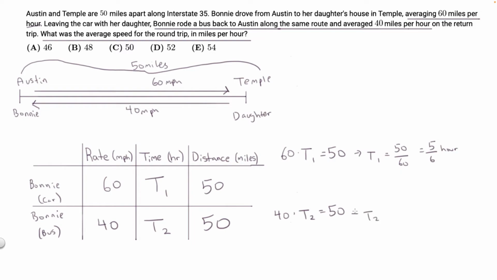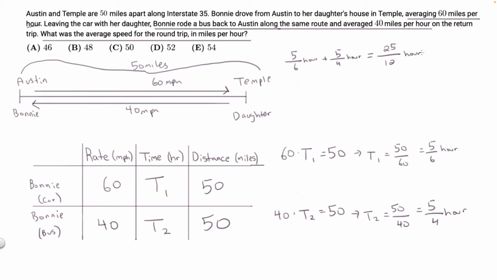T2 equals 50 over 40, which is 5/4 of an hour. So the times for the car and bus trips were 5/6 of an hour and 5/4 of an hour. If we add them together to get the total time, we get 25/12 of an hour.